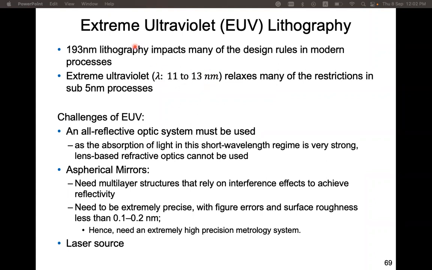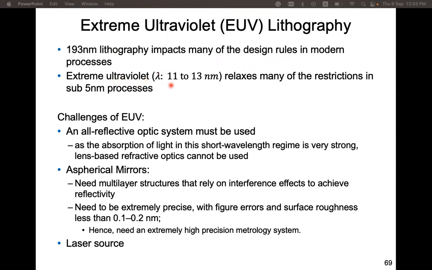Even with the DUV we just mentioned, 190 nanometer light source, even with those RET, resolution enhancement techniques, there are still a lot of design restrictions in the layout.